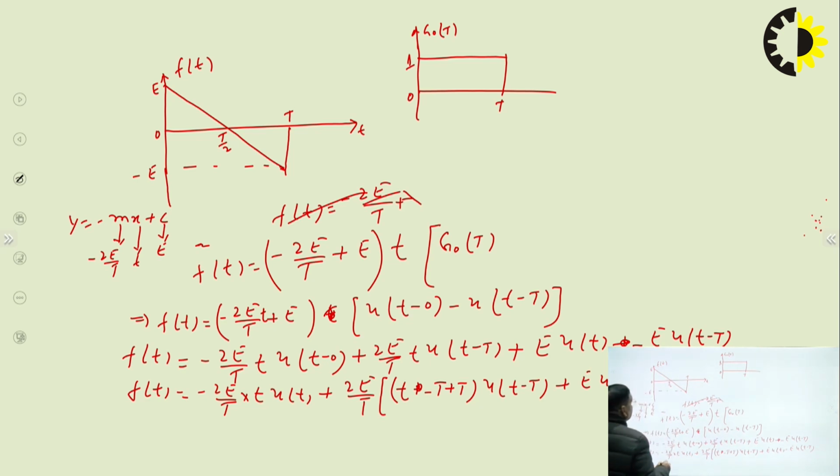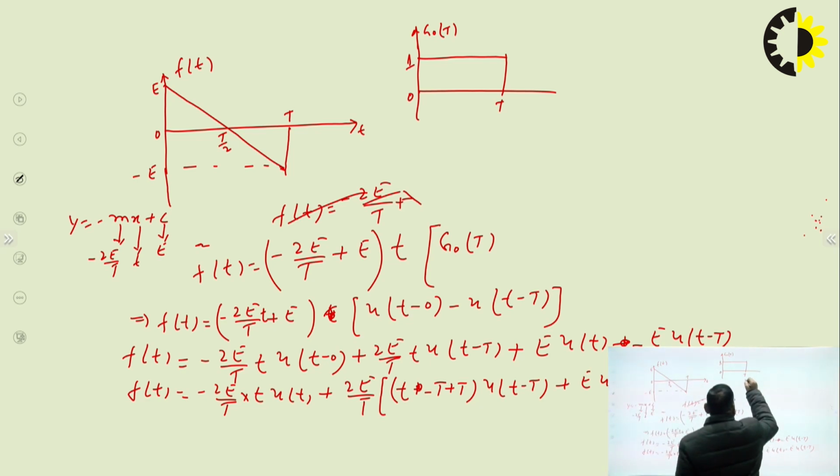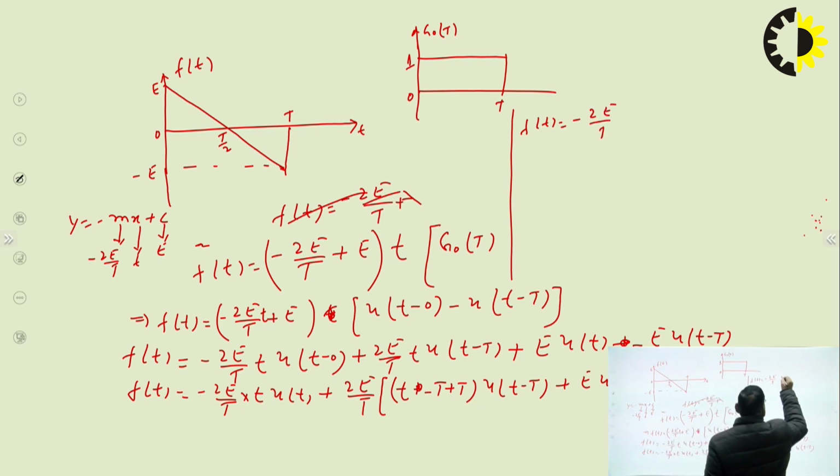So we can write here, Ft is equal to minus 2E upon T into t u(t). Then take this one, plus 2E by T, (t minus T) u(t minus T).